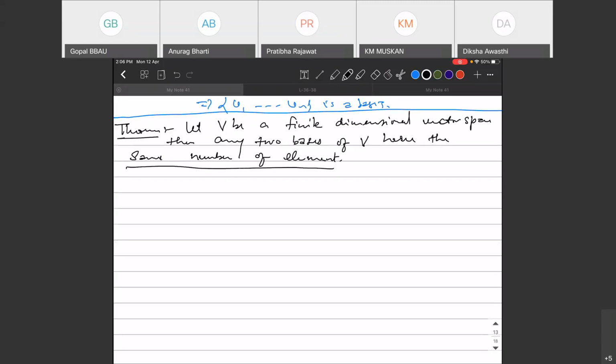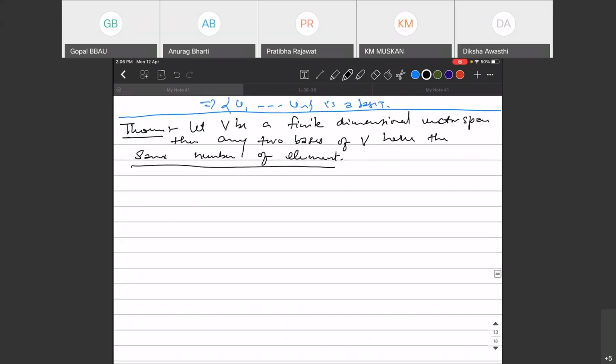So how they are different? Suppose A equal to {1, 2, 3} and B equal to {a, b, c}. Correct? So A and B, they are different, but the number of elements in A and the number of elements in B is 3. Okay. So here, please see the difference.